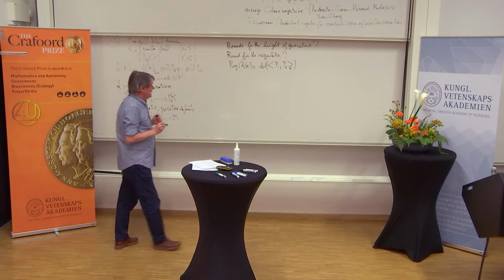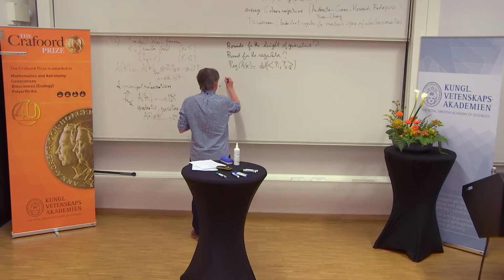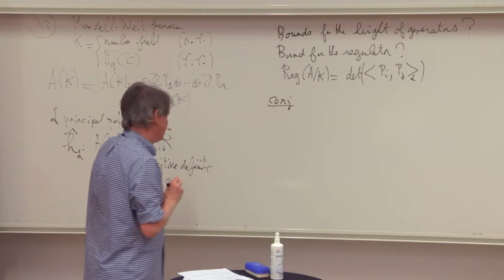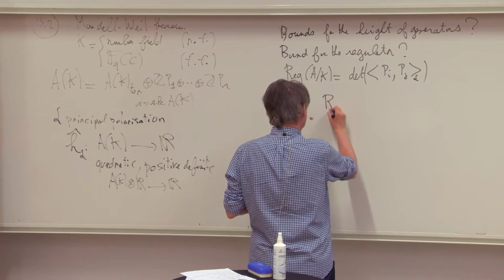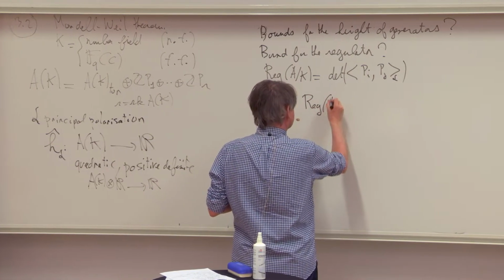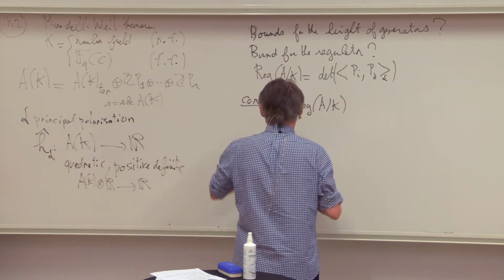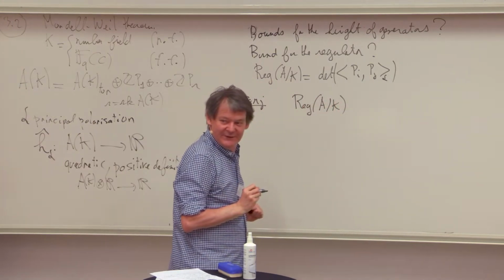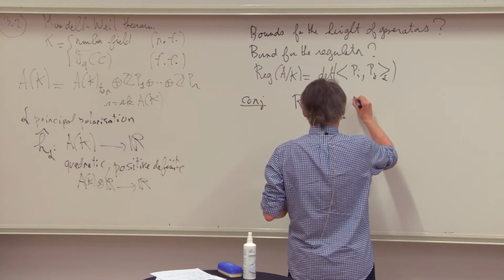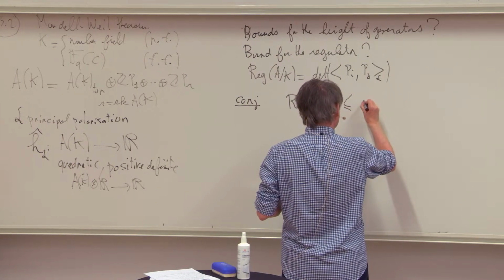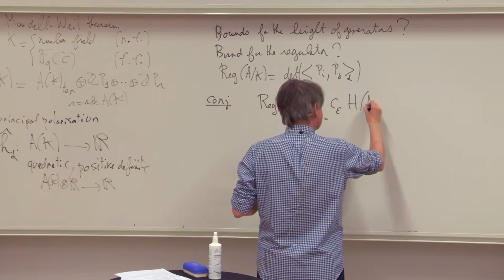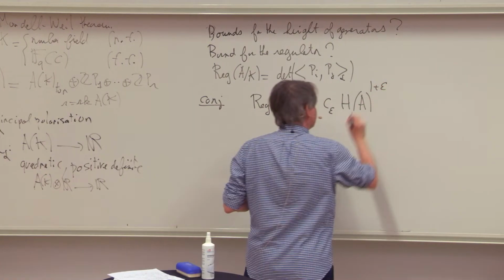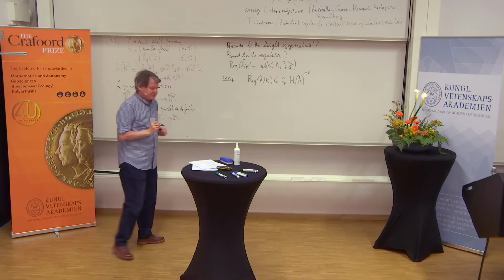So the conjecture that I would propose is the following: the regulator of A over K is smaller than, again, a C epsilon times the height to the power 1 plus epsilon.